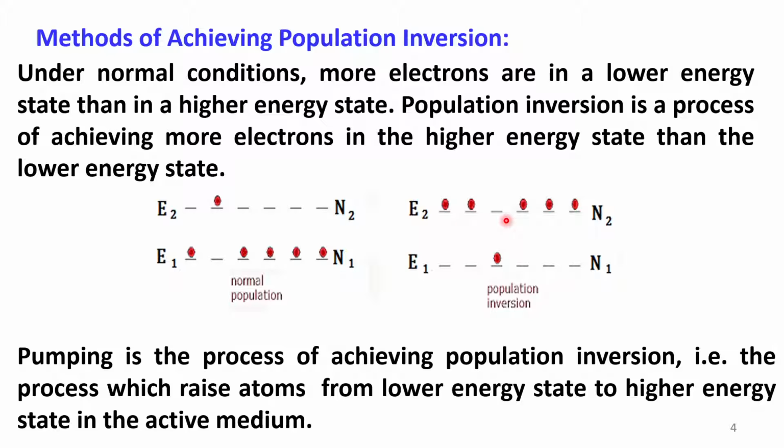So pumping is the process of achieving the population inversion, the process which raises the atoms from the lower energy state to the higher energy state in the active medium. So to achieve the population inversion, it needs the pumping process.